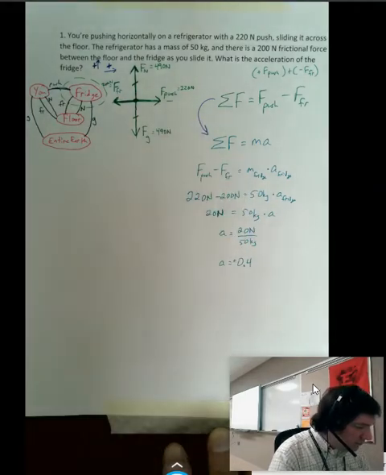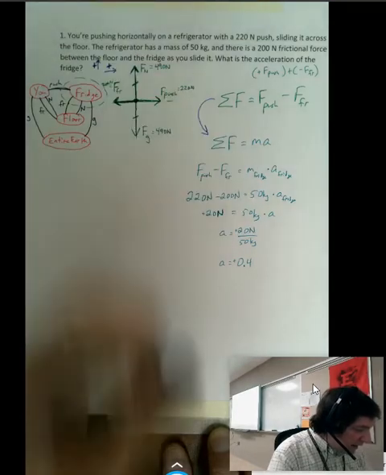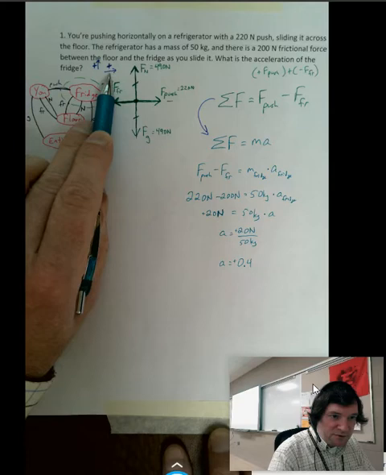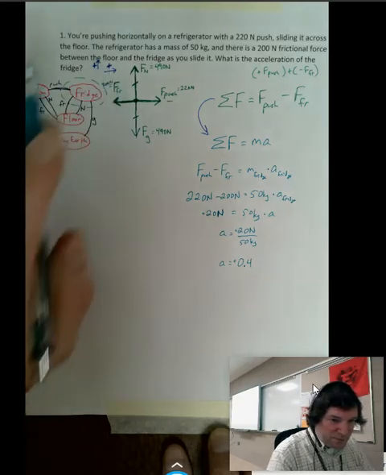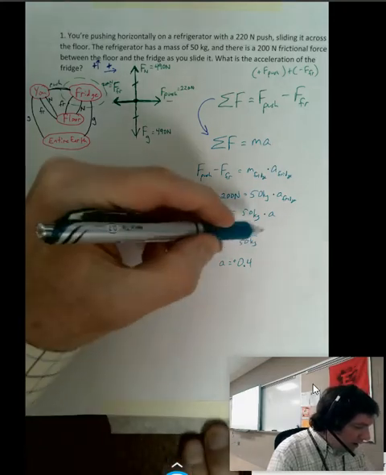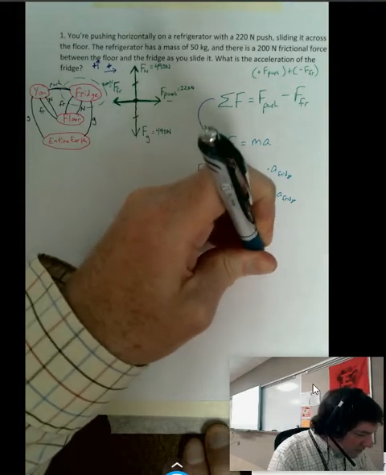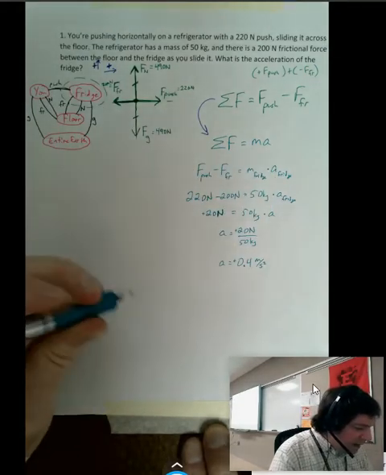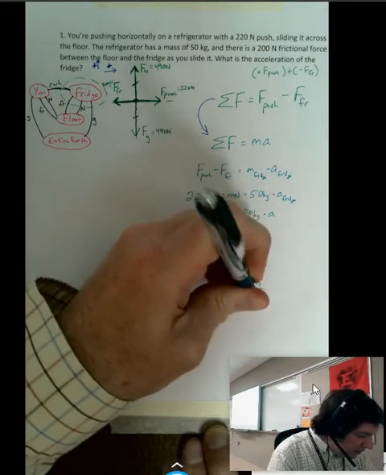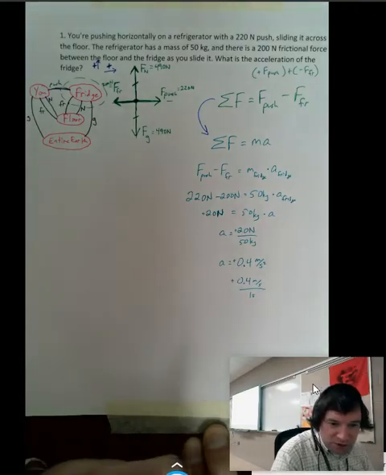And that is a positive number, by the way, because I had a positive net force I get a positive acceleration, which tells me that the acceleration is in the positive direction, so it's accelerating to the right. So there's an acceleration of positive 0.4 is the number, and the unit, newtons divided by kilograms, gives me a unit for the acceleration of meters per second, or 0.4 meters per second for every 1 second that that refrigerator is being pushed.